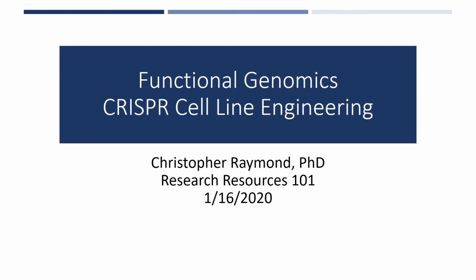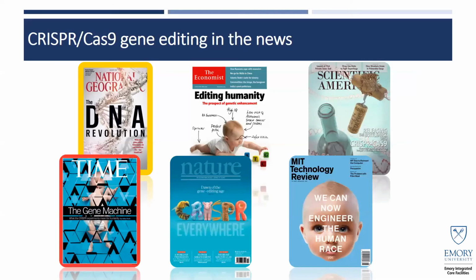So just briefly, as I'm sure you're aware, CRISPR-Cas9 technology has been extensively in the news, even recently with the infamous work of He Jiankui and the human germline gene editing.